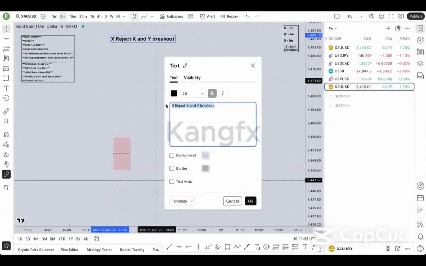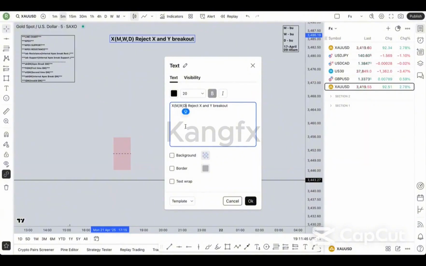For the X there, this X here can be 1 month. This X can be monthly time frame, weekly time frame, and daily time frame.